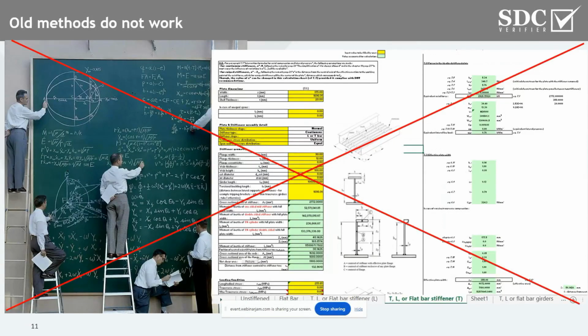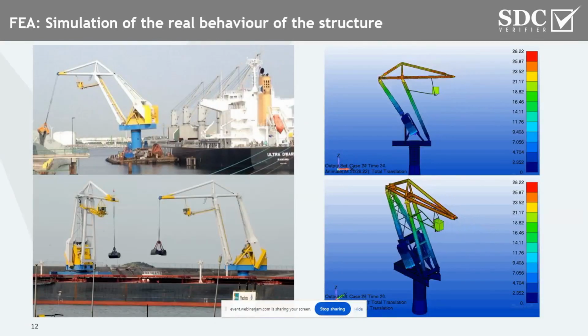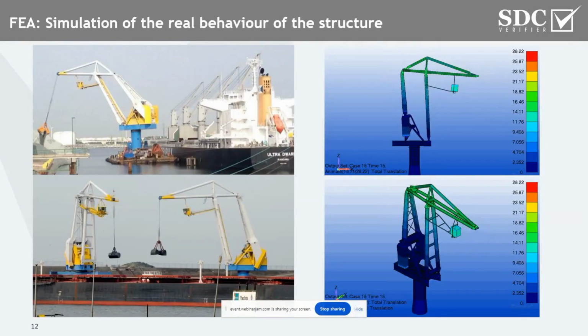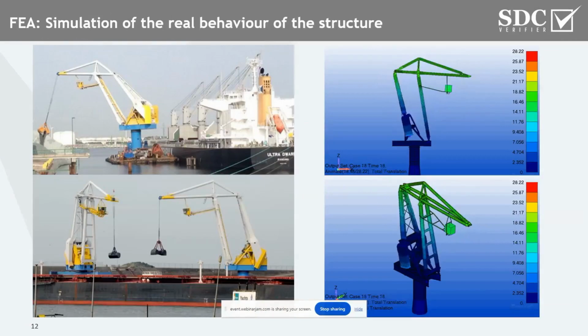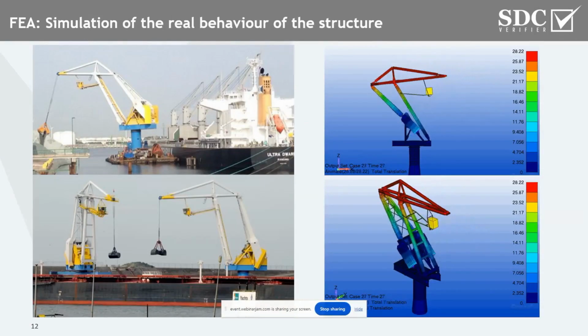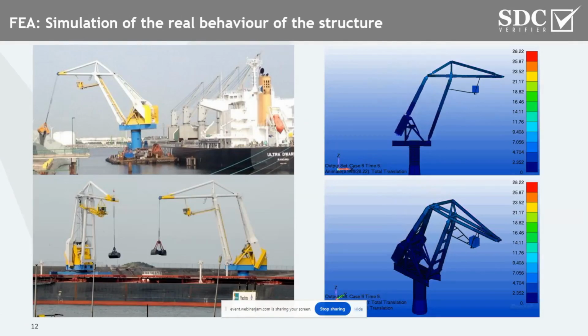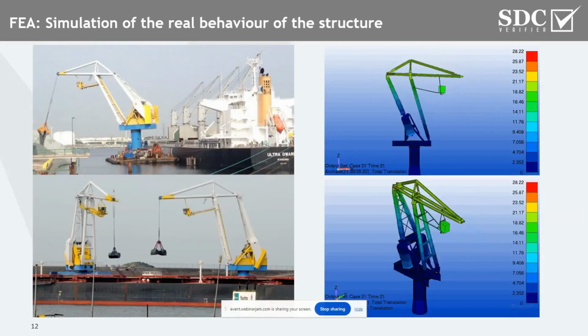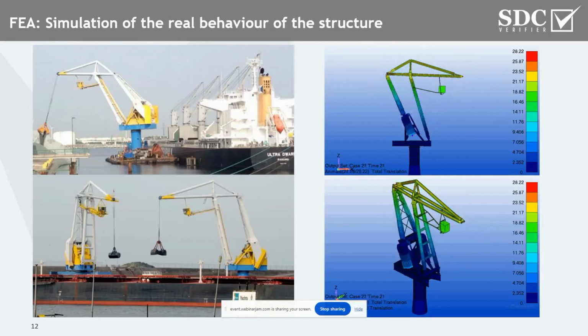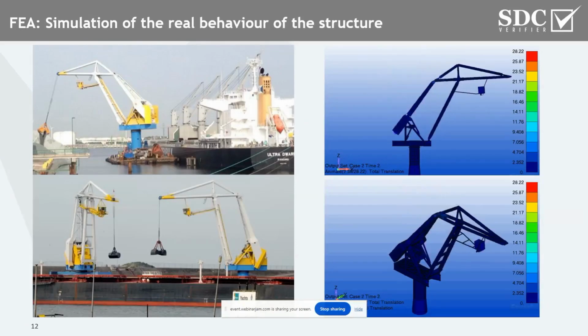So at this stage, basically finite element analysis pops up, and from our end, I would describe it as a simulation of the real behavior of the structure, because this is exactly what you do when conducting finite element analysis. So basically, you're simply trying to represent real operating conditions or real structural behavior, thereby receiving accurate stresses, displacements, and internal forces for every single spot.